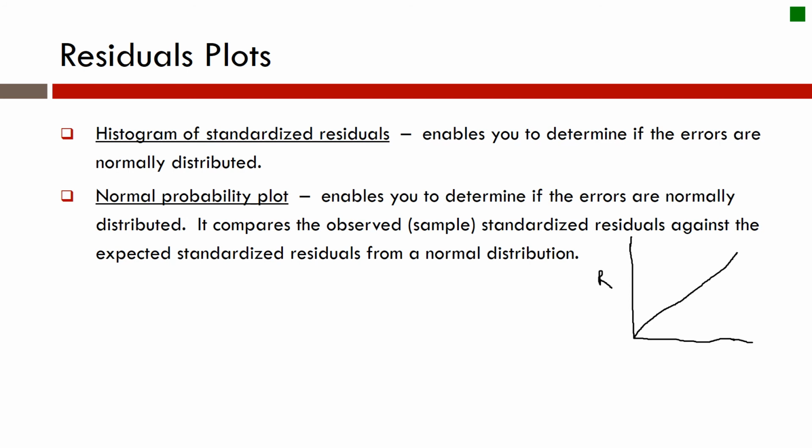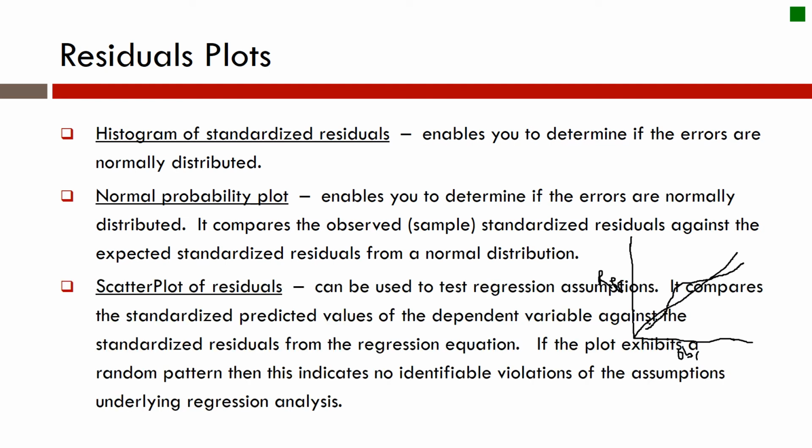A lot of times we'll have standardized residuals and then the observations, and what we have here should hug this line very closely. Sometimes the data will do something like this, and that would suggest non-normality in some of the variables, and we have to go into the variables and try to normalize them if we can.